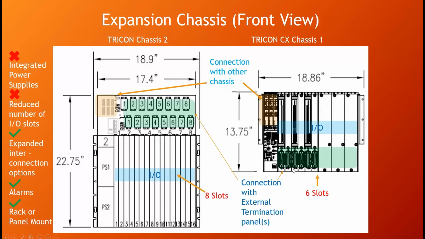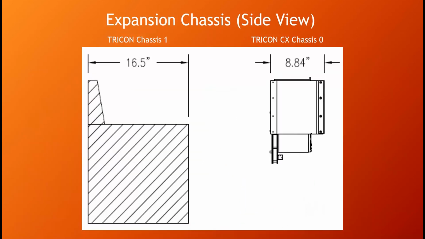Highlighted in green, you'll see the differences between the connection with external termination panels. With the Tricon, you connect via the backplane of the chassis, whereas with the Tricon CX, you connect via the FET that is connected to the backplane of the chassis. And here is the side view of the expansion chassis.